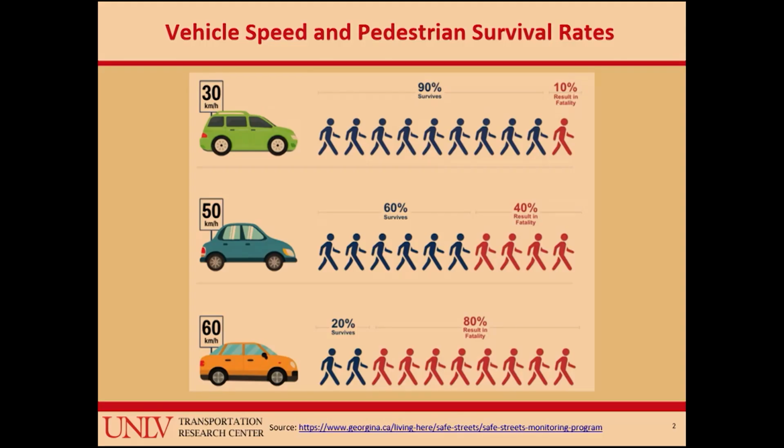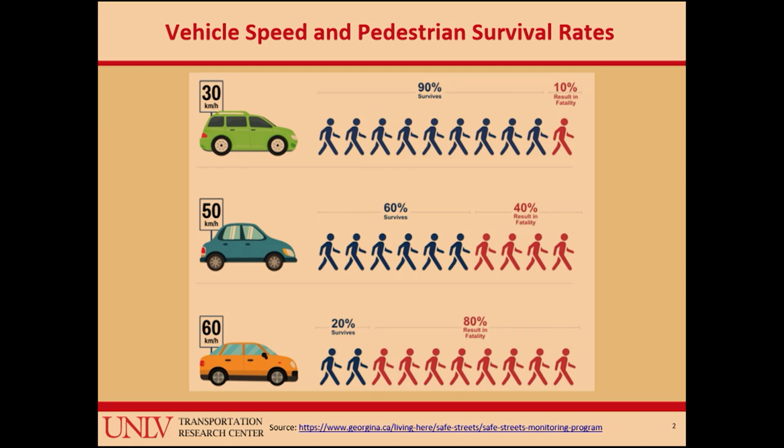I told you earlier that I will show you a graphic about the probability of survival if a motor vehicle strikes a pedestrian at various speeds. You may have seen different variations of this. At the top, a motor vehicle at 30 kilometers an hour that strikes a pedestrian gives a 90% chance of survival.